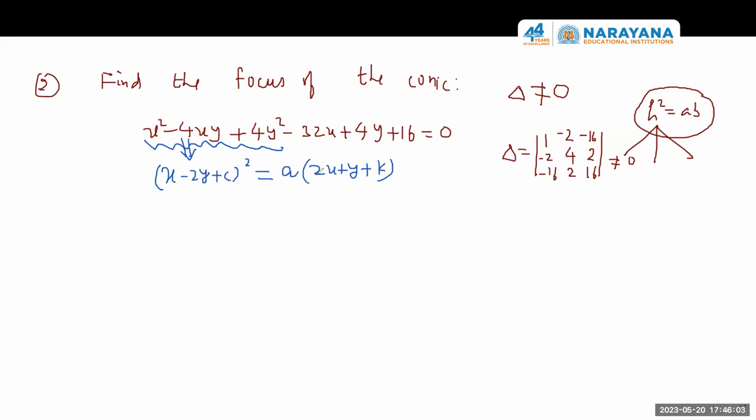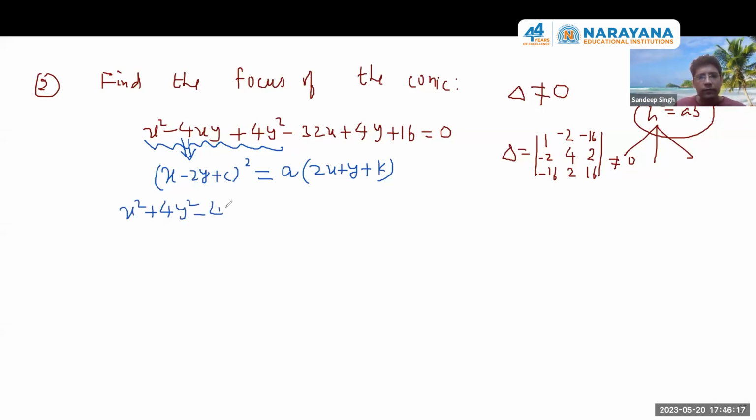Now you must compare each and every coefficient of the like powers of variables. So if you open the square, you will get x square plus 4y square. What all terms are you going to get? Tell me. Plus 2c.